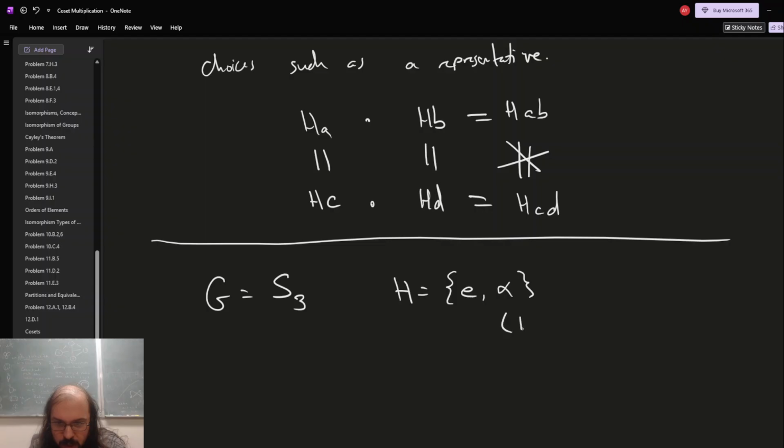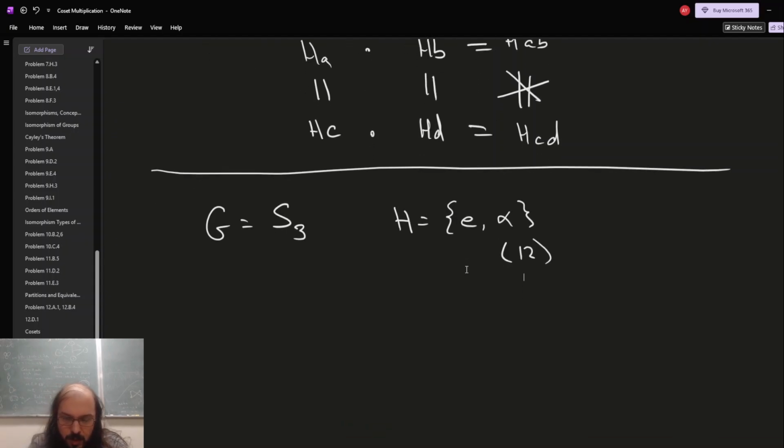So let's call this permutation (1 2). And then he takes a look at the rest of the cosets that we can construct. And in particular, we can ask what is H beta and H gamma.